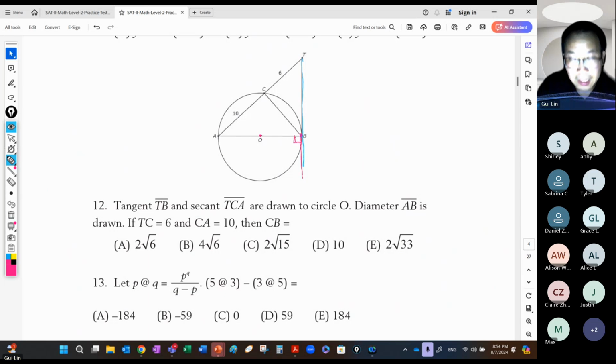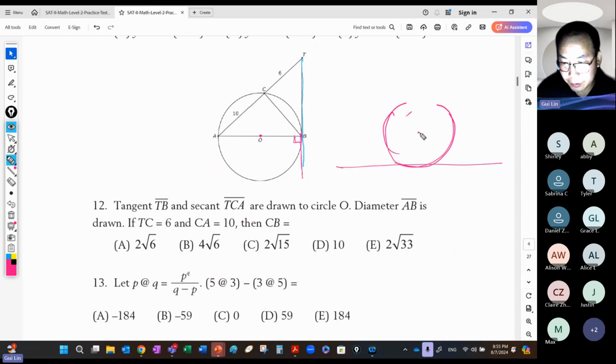That's the geometry part. Whenever you draw a circle, you can put a ball on the ground and connect it to the center point. They will be perpendicular, just like the horizontal ground and a vertical ball. So this one is tangent TB.